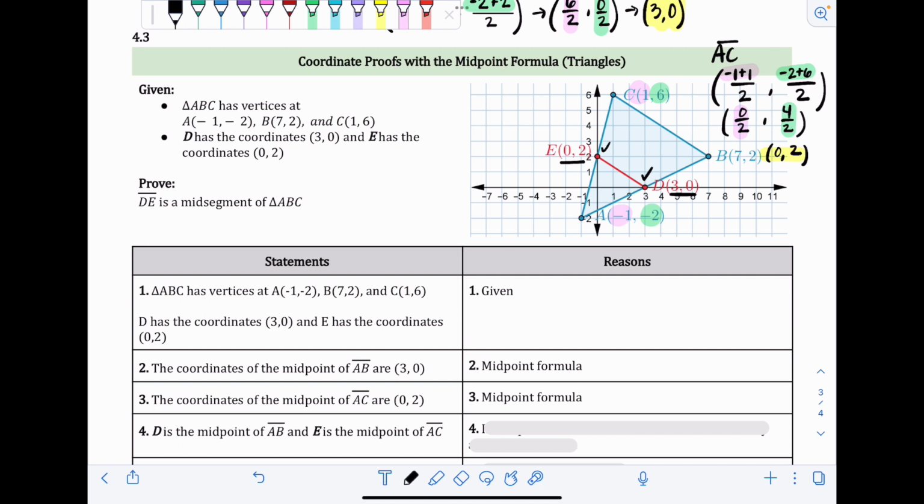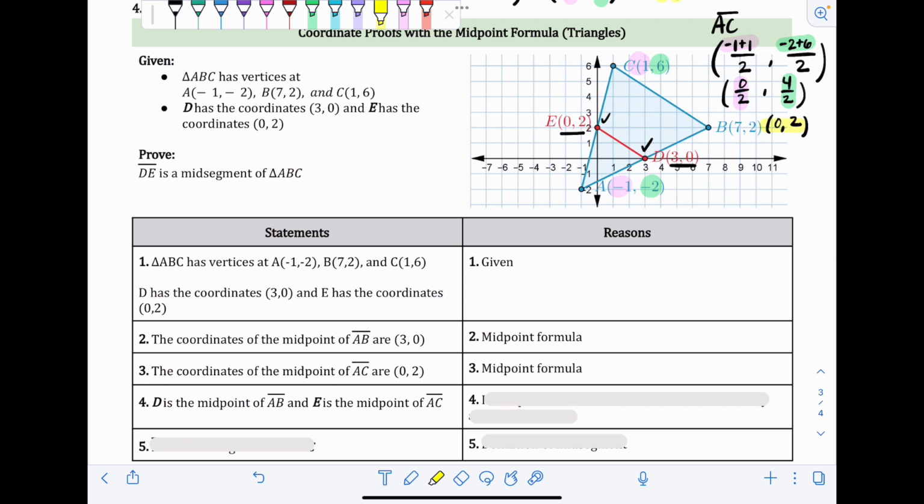Now we just need to make the connections to point D and point E, and that's what 4 does. Because we're not trying to prove just those endpoints specifically. We're trying to prove that segment DE is a midsegment. So we had to make the connection that D was 3, 0 and E was 0, 2, and those were the midpoints of our segments AC and AB.